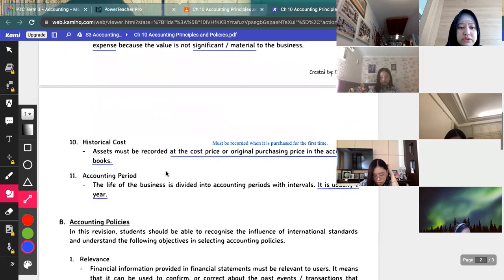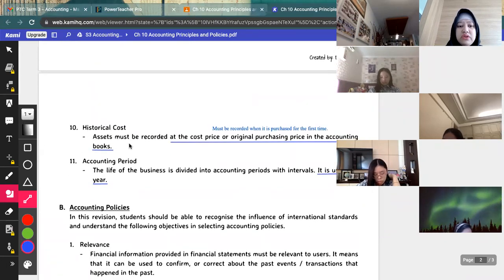In terms of historical cost, you will present the purchasing price when you purchase the property for the first time. Let's say you purchase it, the price will be the same for all the 3 years of SOFP. Correct, the cost price.